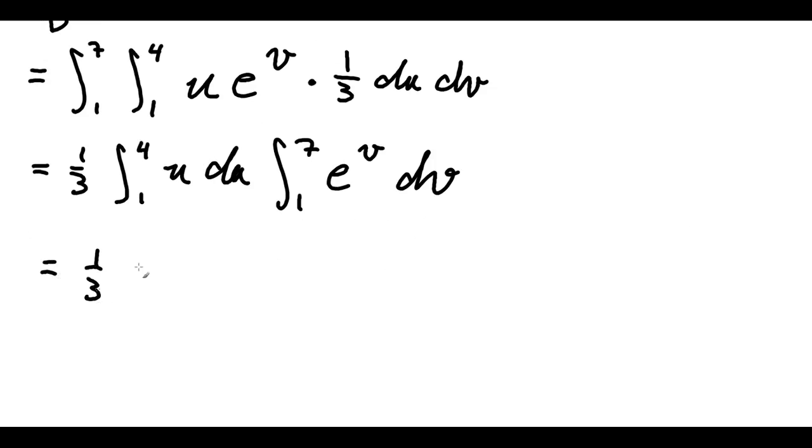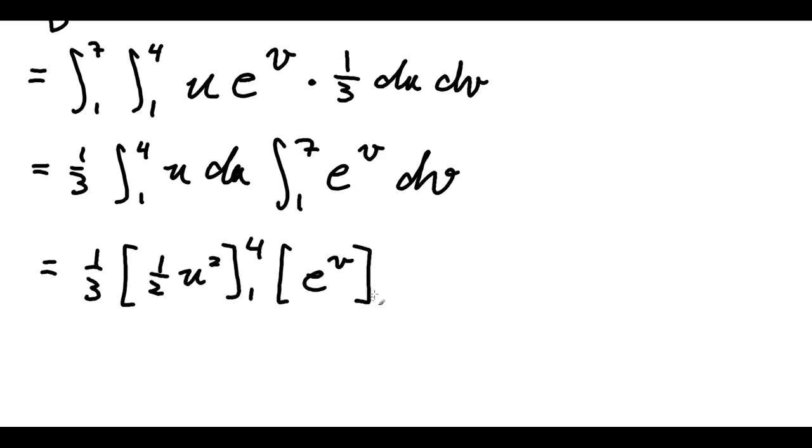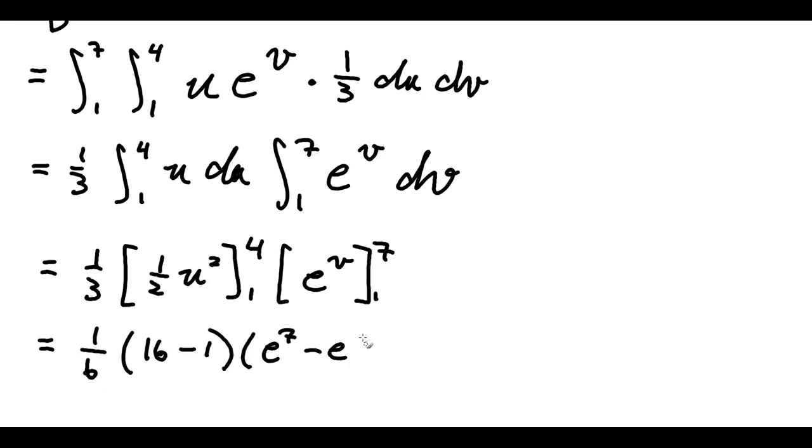So we have 1/3 times 1/2 u squared from 1 to 4 times e to the v from 1 to 7. Combining those, that is 1/6 times 16 minus 1 times e to the 7th minus e to the 1st. And that is 15 over 6, which is 5/2 times e to the 7th minus e.